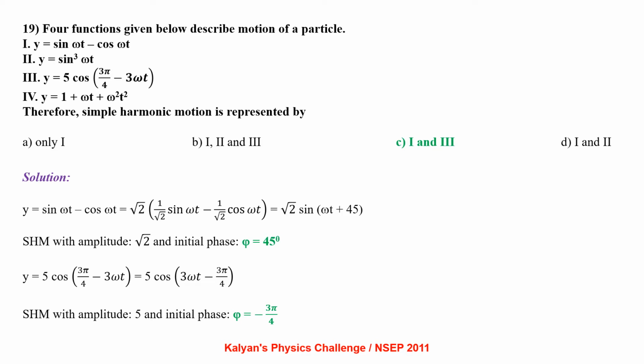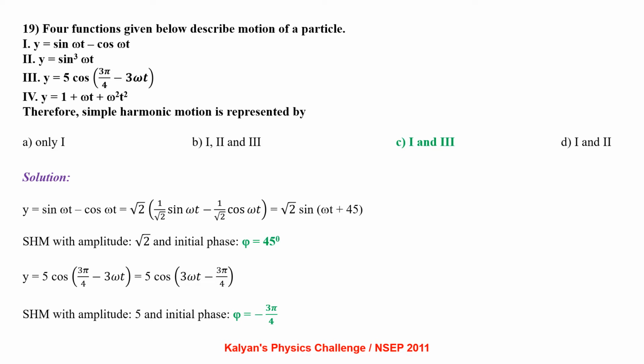Simple harmonic motion is represented by y equals sin omega t minus cos omega t, that is root 2 times (1 by root 2 sin omega t minus 1 by root 2 cos omega t), which simplifies to root 2 times sin of (omega t minus 45 degrees). So this represents an SHM with an amplitude of root 2 and an initial phase of 45 degrees.